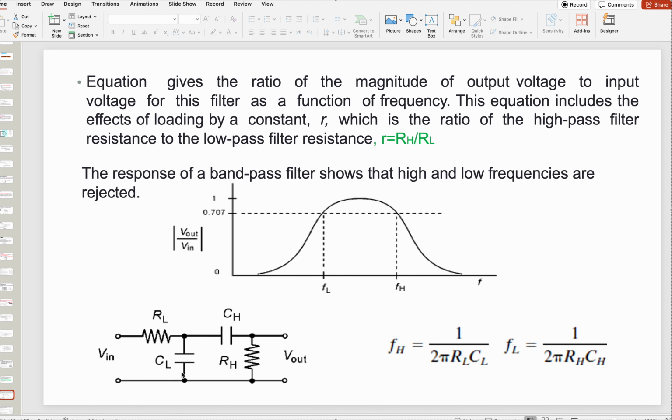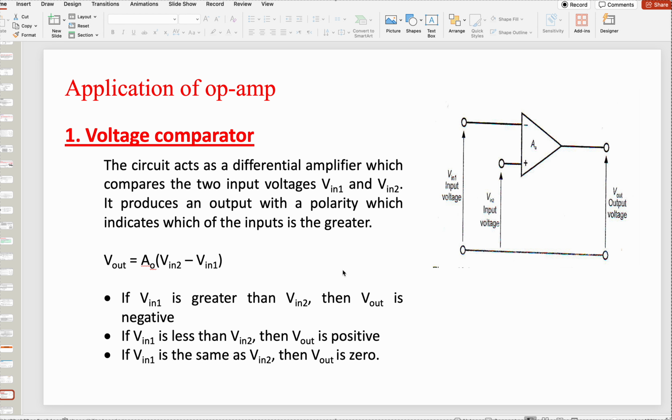So I talked about the divider circuit, the Wheatstone bridge, and the pass filters, and now we're talking about the operational amplifier circuits. So we have an operational amplifier. Let us go to the equations directly. This is just a comparator of two different voltages, in which the output is just the difference between the voltages times the amplification.